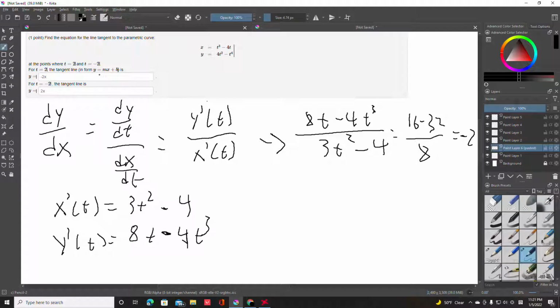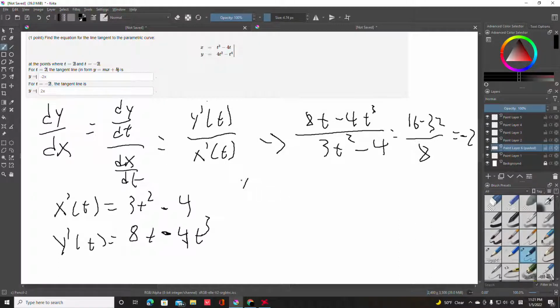They want it in the form of y equals mx plus b. We know that m is negative 2, so we put that in front of x. Then we have to find the b intercept. In order to find it, we plug 2 into the original equations for x and y.